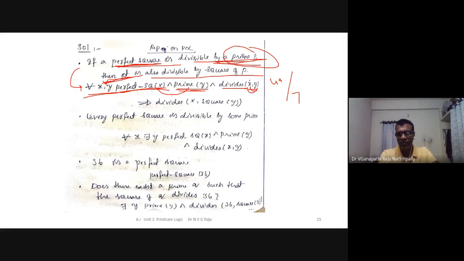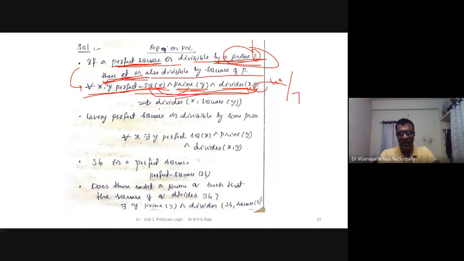Can anyone tell me what is this X? X refers to perfect square. Y refers to prime, isn't it? Now if the statement is okay, then what is the implication?